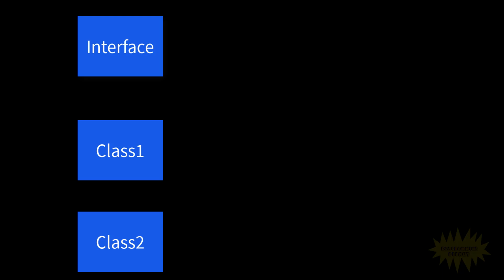Now, abstraction is when you hide away all the complicated details and have the users simply understand what your code does, but not necessarily know how it does everything.